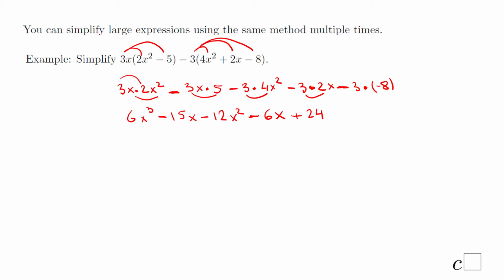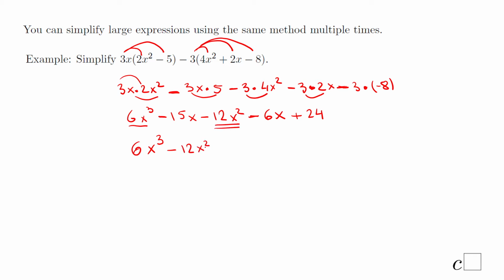The last thing I'm going to do here is combine like terms if we have any and arrange the polynomial. 6x cubed is the largest term. The largest degree of this polynomial is 3. Nothing else goes with this 6x cubed. And then we have minus 12x squared. Nothing else.